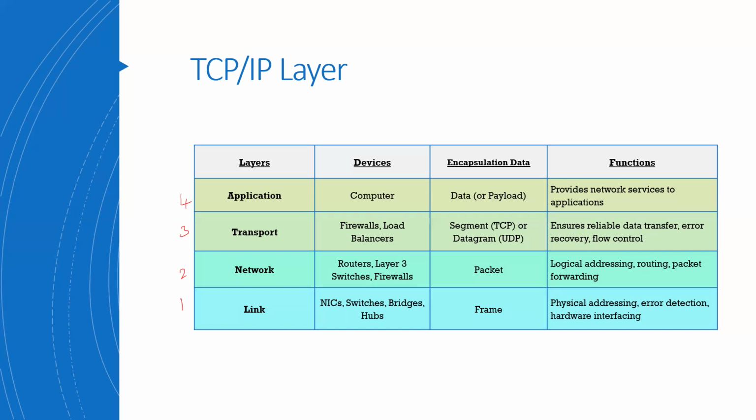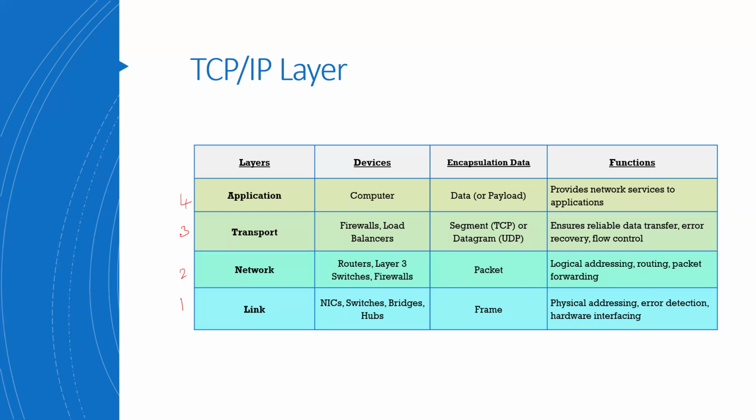Example use cases: for web browsing, HTTP requests and responses between web browsers and servers use TCP/IP for communication. For email, SMTP, which is Simple Mail Transfer Protocol, and POP3, which is Post Office Protocol, use TCP/IP for sending and receiving emails.